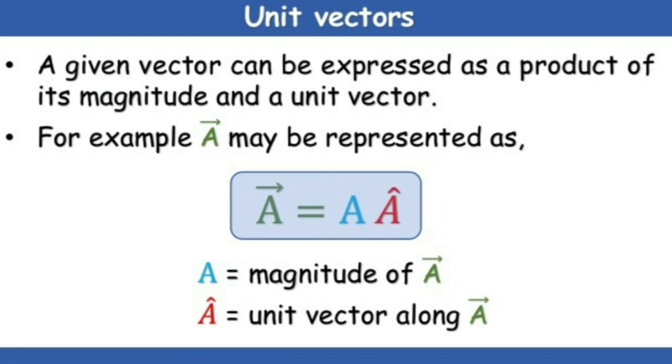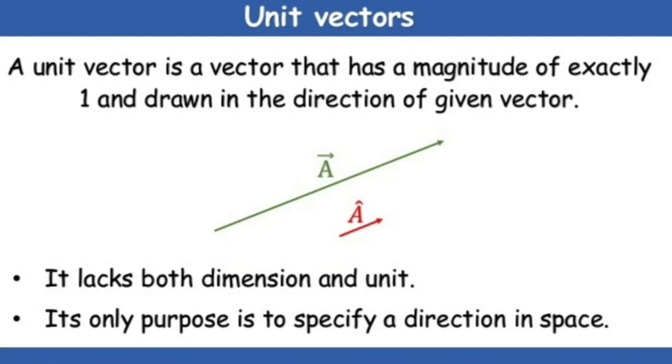As in this slide, if you have vector A, A cap shows the unit vector in the direction of vector A. So above that particular letter you have to write a caret symbol or cap. That caret symbol shows that it is a unit vector.